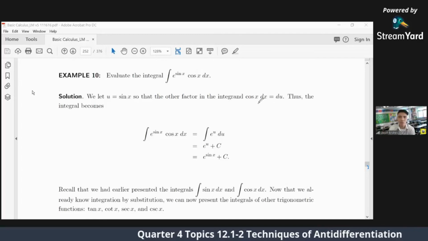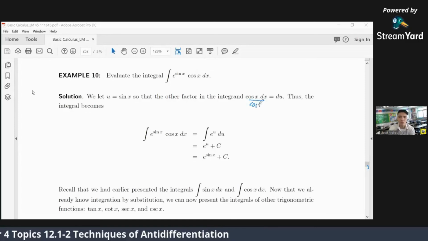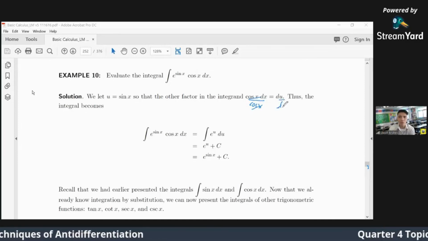So differentiating both sides, isolating dx, this becomes, kailangan natong i-divide both sides by cosine x.